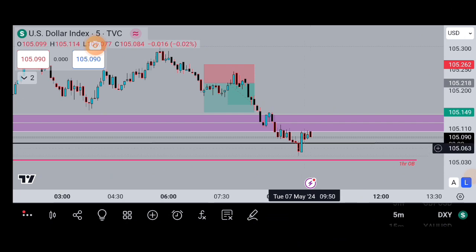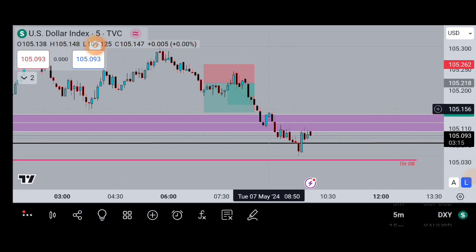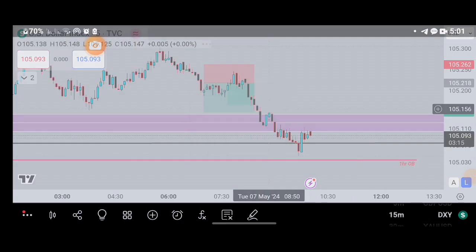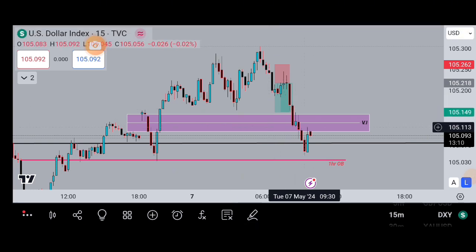We have this pool of these 4 hour order block, but what I want to see is basically if I see any candle closing above this high, this swing high there, then I will be in for buys for DXY, as well as selling for the Euro and the GBP.